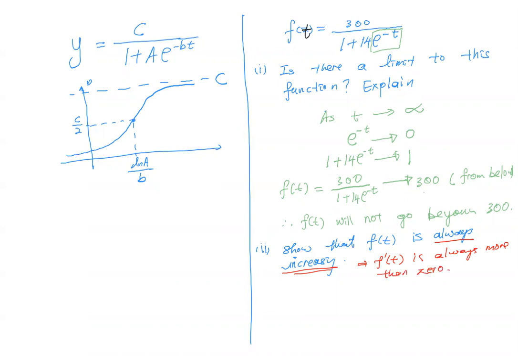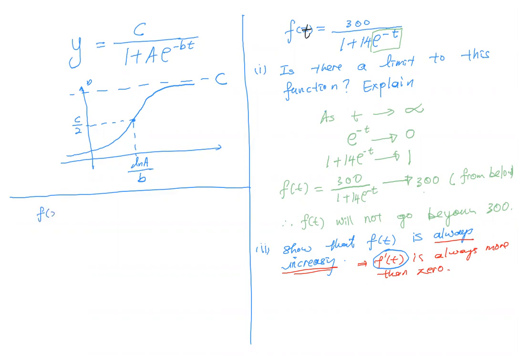So my job is now to find f prime t. Can you look for f prime t here? Do you know how to get the f prime t function for this one? What rule to use? How should I rewrite it?